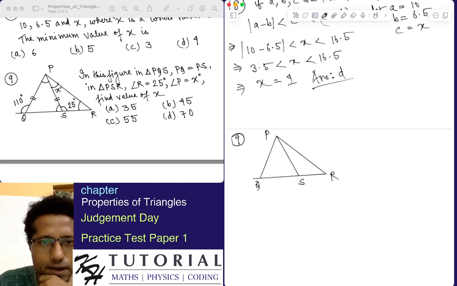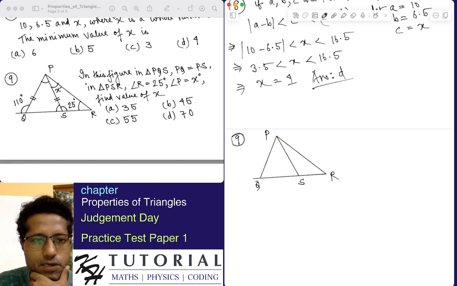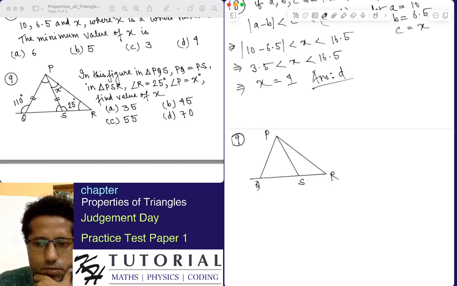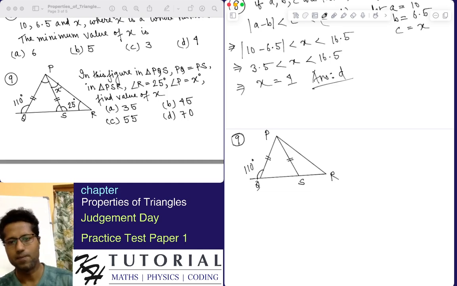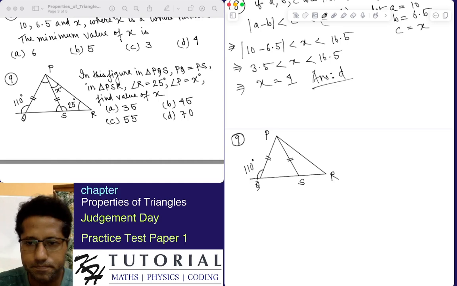It is said that in this figure, in triangle PQS, this is an external angle, it is given to be 110 degree. In triangle PQS, PQ is equal to PS. This means these two sides are equal, and these are indicated by two parallel lines on the two equal sides.